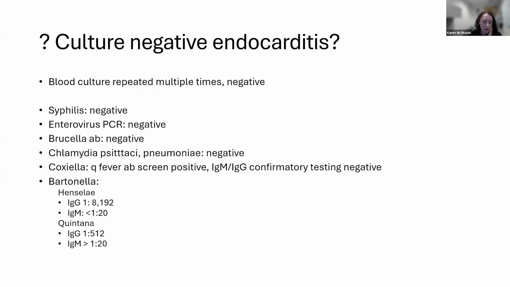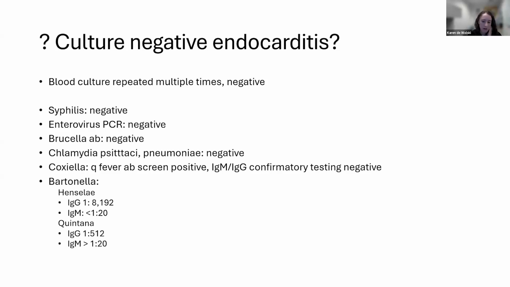But syphilis was negative, his enterovirus PCR was negative, Brucella negative, Chlamydia psittaci and pneumoniae were both negative. The Coxiella screen, actually, the initial antibody screen was positive. And this, of course, piqued our interest, although infectious disease, who was involved at this point, said that actually oftentimes it has cross-reactivity with Bartonella.